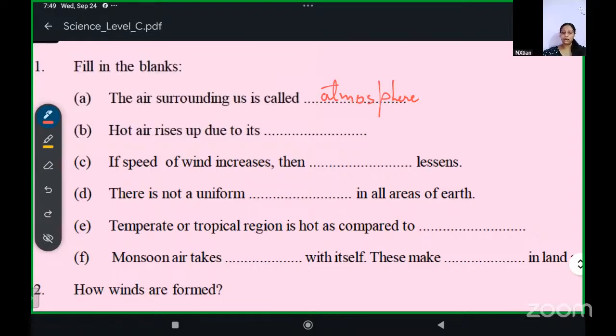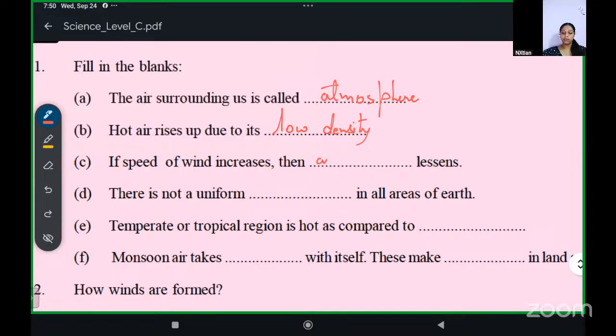Sorry, ma'am, my mic was not turning on. Hot air rises up due to its low density, or lightweight. If the speed of wind increases, then air pressure lessens.